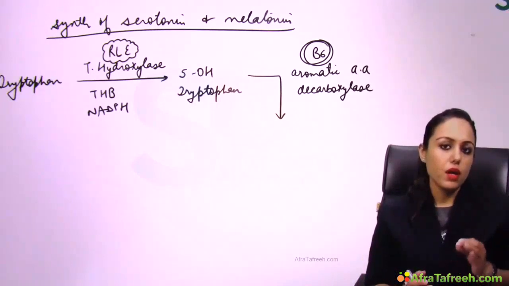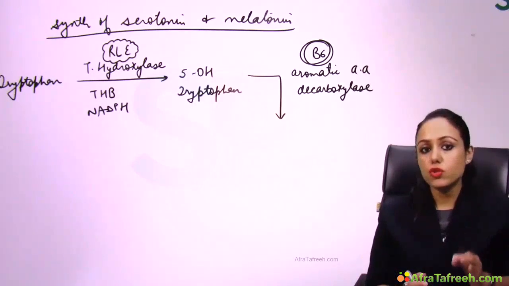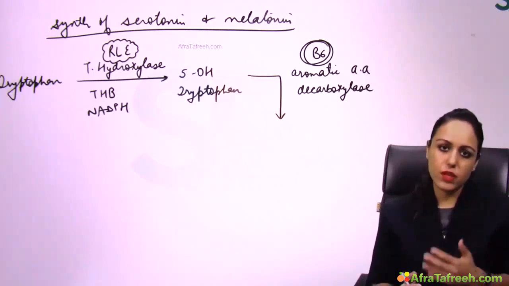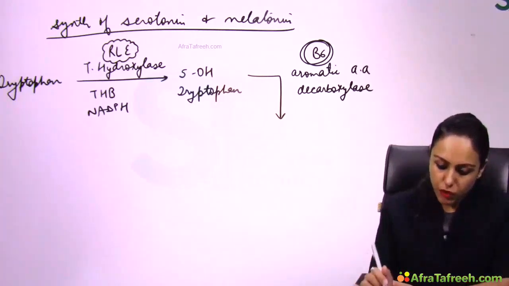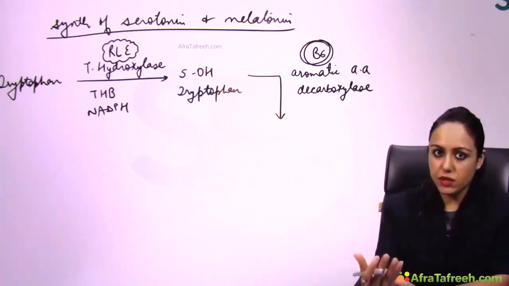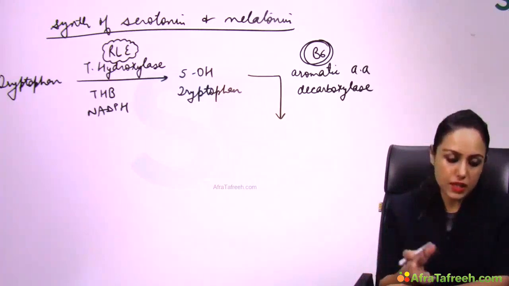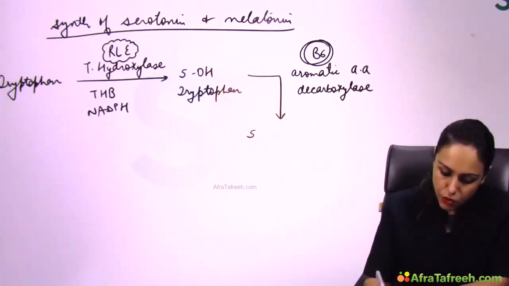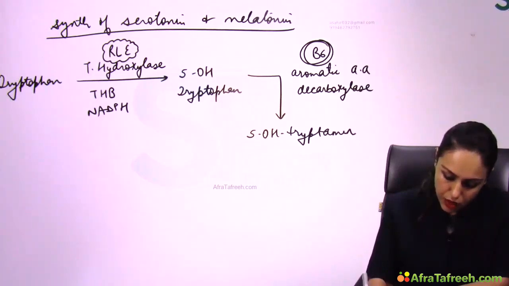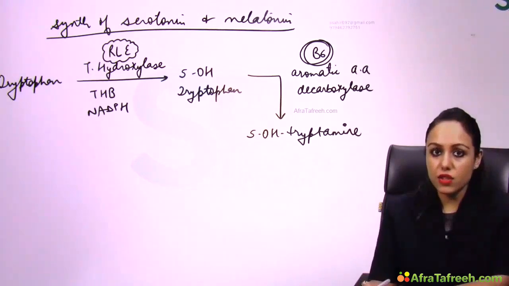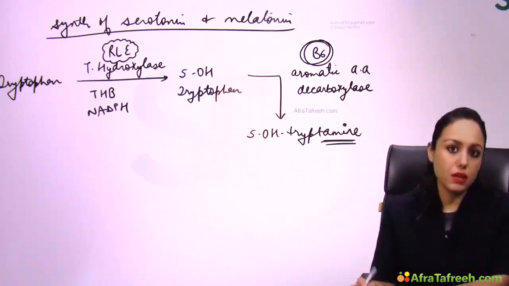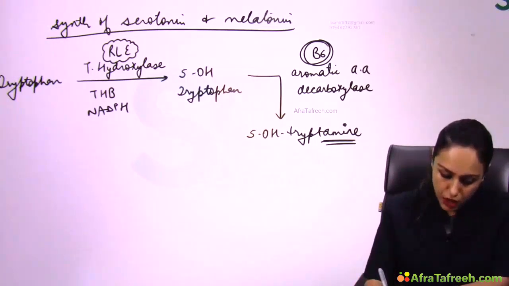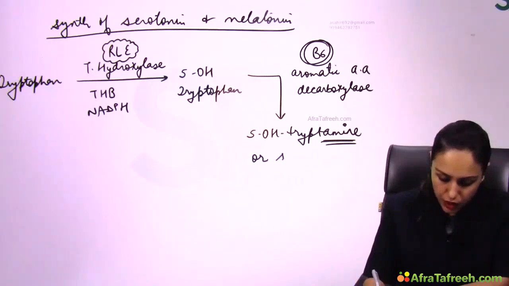If you remember, oxidative decarboxylation requires vitamin B1, right? But here it is vitamin B6. So after decarboxylase, carbon dioxide is removed, so amine is left, and this is known as 5-hydroxytryptamine. From amino acid removed, so we are left with amine, 5-hydroxytryptamine, which is also known as serotonin.